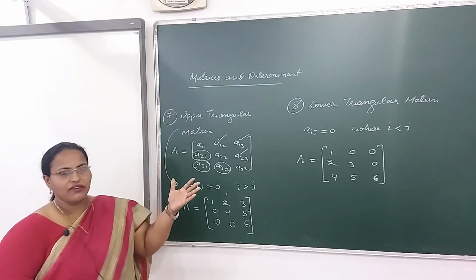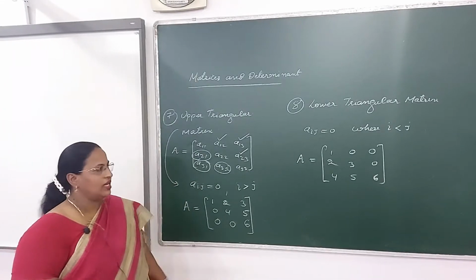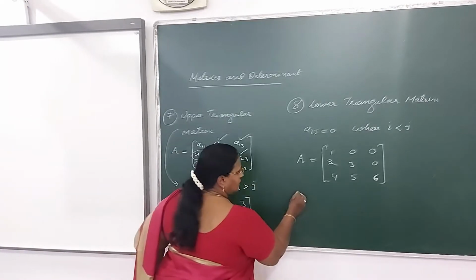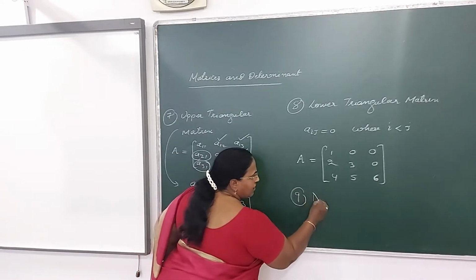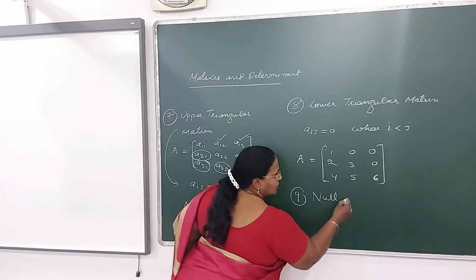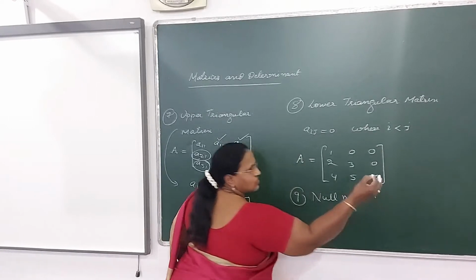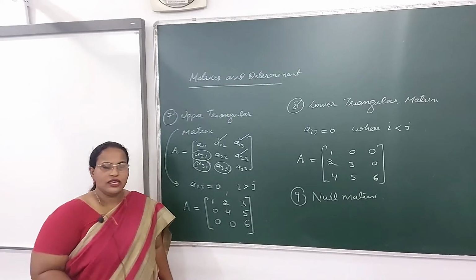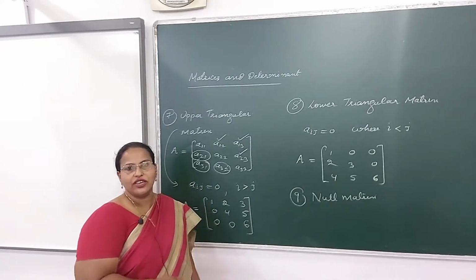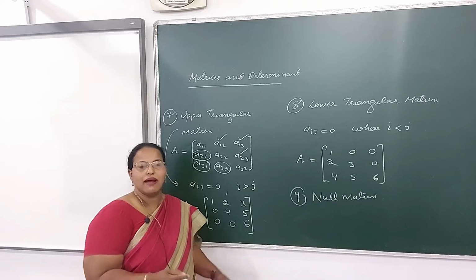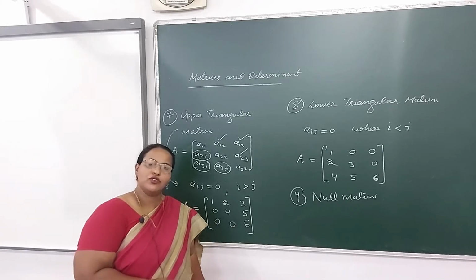Now types of matrix, we'll move to the ninth one. The ninth one, null matrix or zero matrix. Now this is quite a simple matrix. If each and every entry of the given matrix is 0, then the matrix will be called a null matrix or zero matrix.